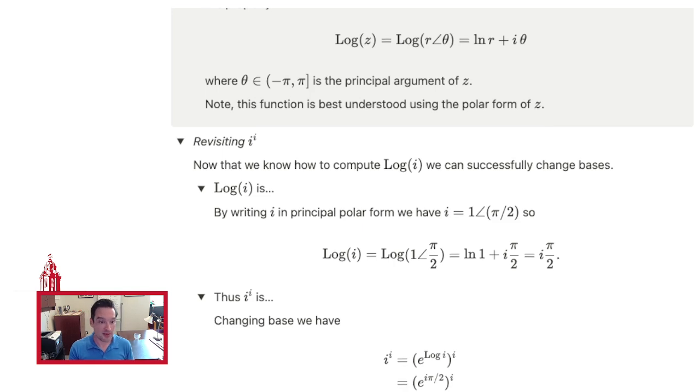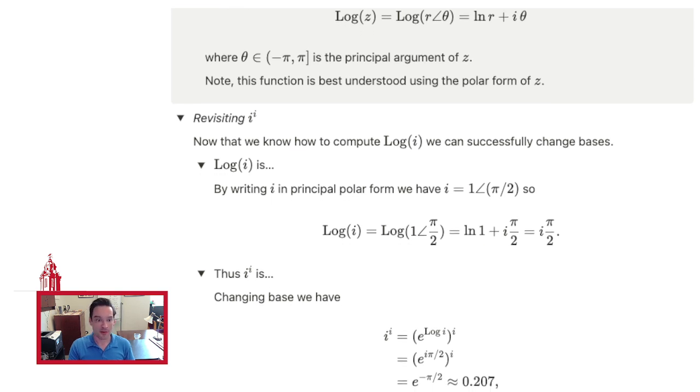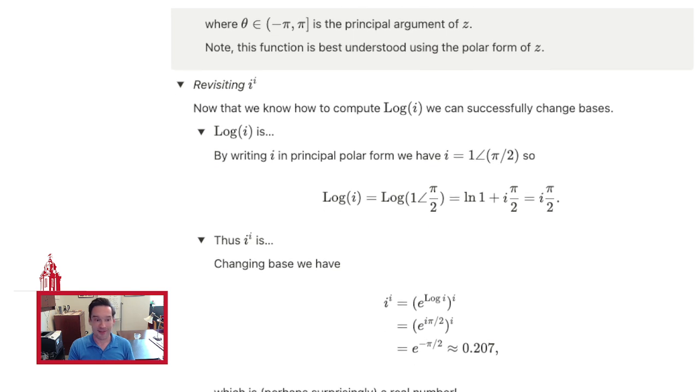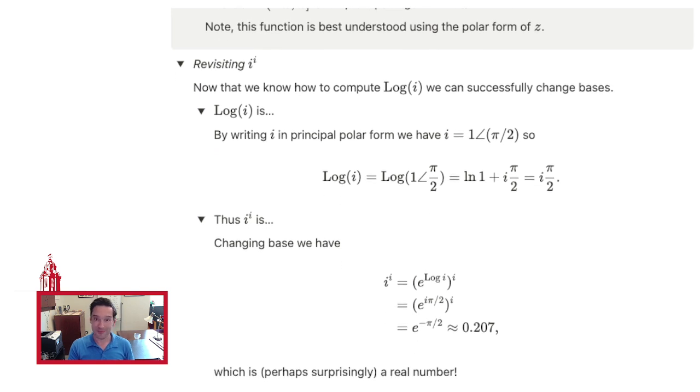So this is e to the i pi over 2, raised to the power i. And taking a power to a power leads to the multiplication of those exponents. So here we're going to get e to the i squared times pi over 2. But i squared being -1, we get that this is equal to e to the minus pi over 2. And one of the surprises is that we ended up getting a real number as the output of i to the power i.